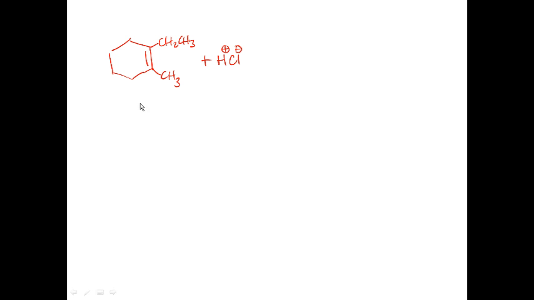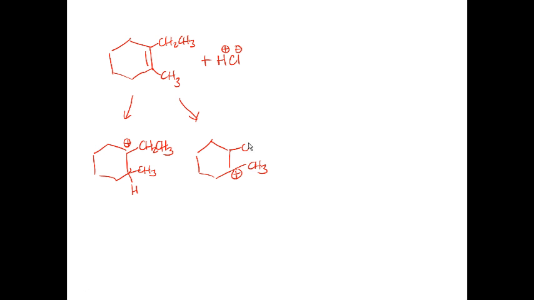And if I wrote the mechanism of this out, I would get the carbocation on the top carbon, and I could also get the carbocation on the bottom carbon, by adding the H+ to the top and bottom carbon.